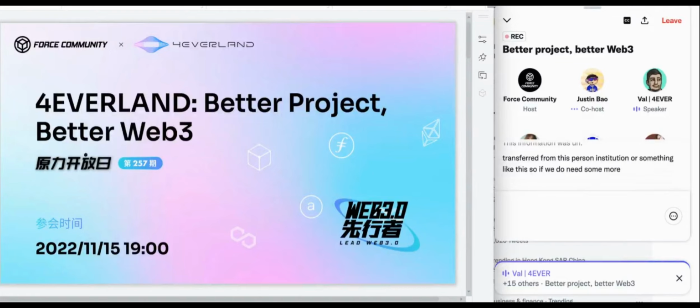So if we do need more options with that information and to store it for a longer period of time, maybe this is more a place for non-traditional cloud computing services like 4EVERLAND provides.